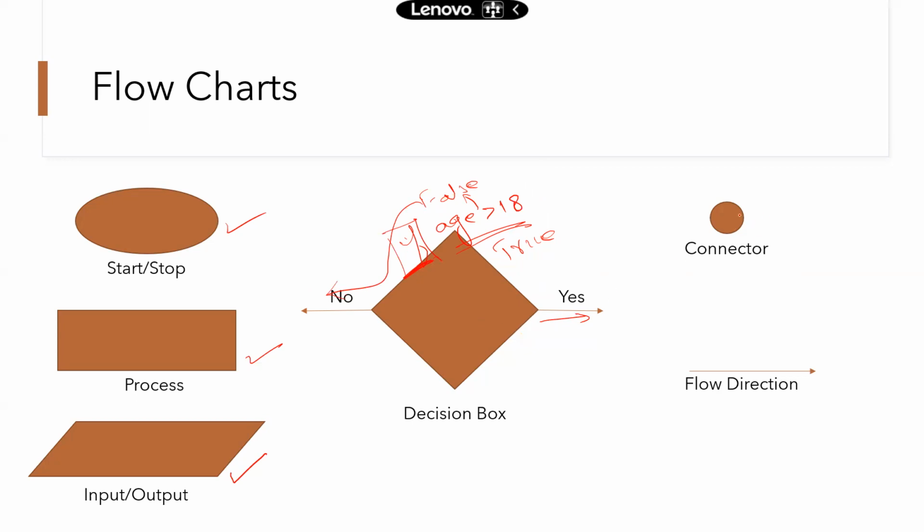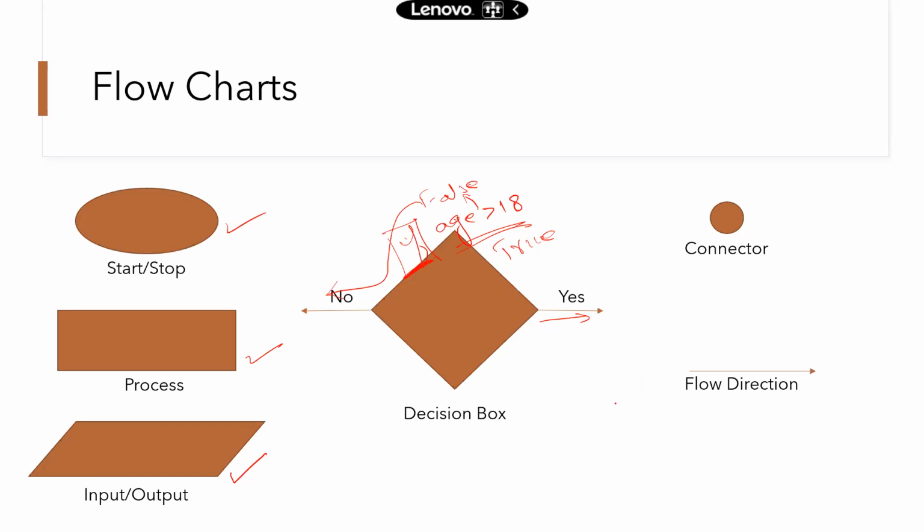Then there is another block, which we have named a connector. The connector is usually used when there is an end of a flowchart, and we are shifting from one page to another page, and there's not enough space to represent the flowchart on the same page.